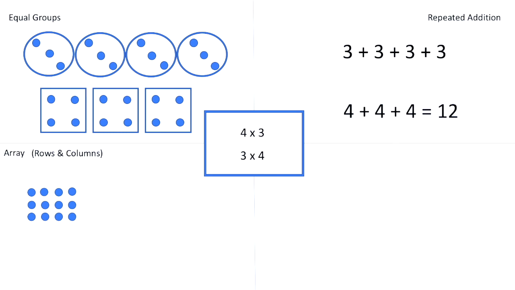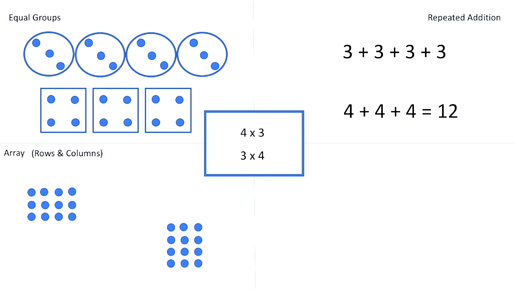And there we have 3 rows with 4 columns, making a total of 12 dots organized into a rectangular array. And we'll do the same thing with our 4 rows, 1, 2, 3, 4, and then put 3 dots in each of those rows to make 3 columns. Again, an array with 12 dots in a rectangle.